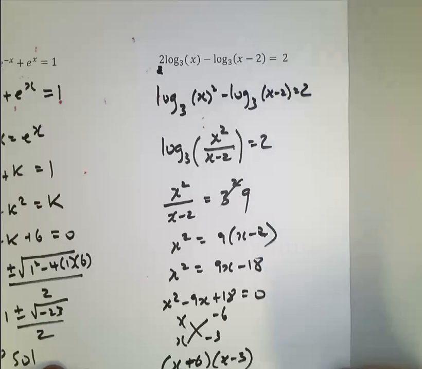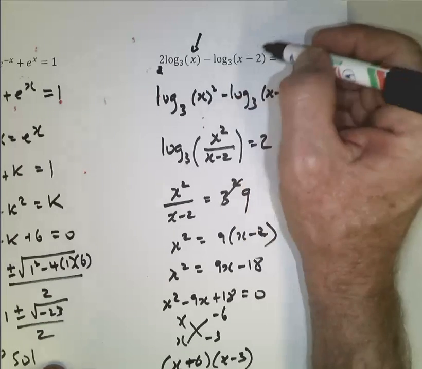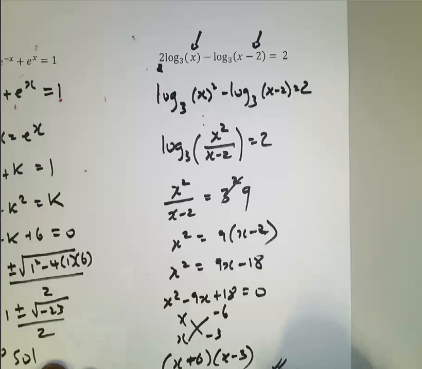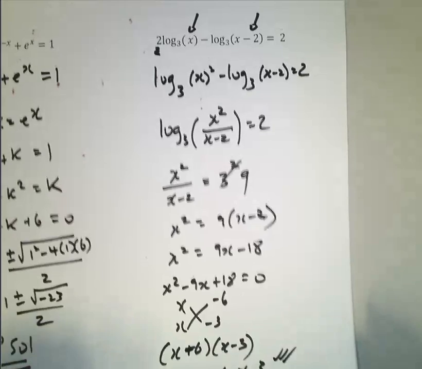Both 6 and 3 fit into the original because I have no problems with those logarithms not existing. So 6 or 3 are my answers.